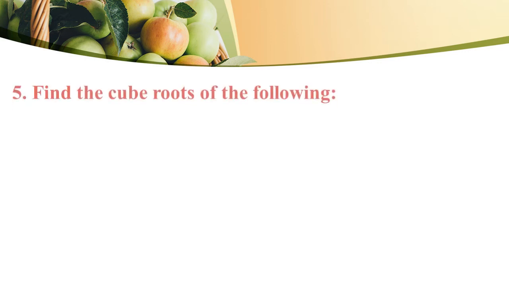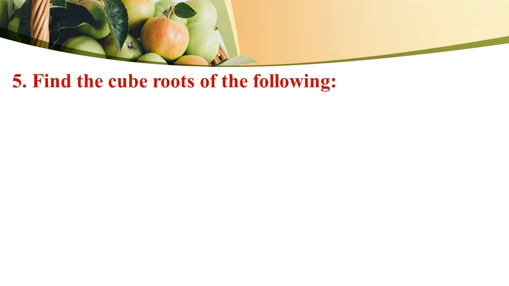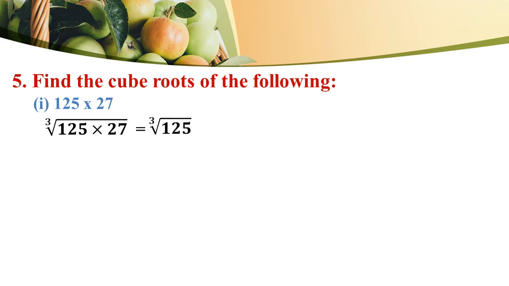Let us learn how to find cube roots of the product of integers. Let us see one example. 125 into 27. Cube root of 125 into 27. Write it as cube root of 125 into cube root of 27. Then find the factors of 125 and 27. The factors of 125 are 5 into 5 into 5.